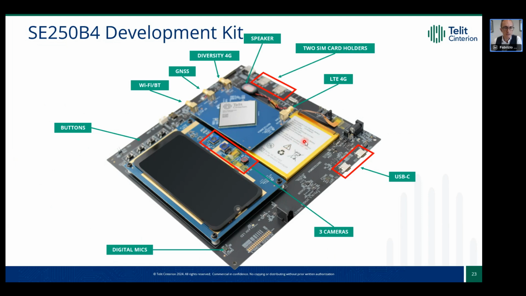There is also a battery charger, several buttons for switching it on and off and for volume up and down, digital microphones, 3 cameras supported, USB-C, and connectors for all the antennas for modem, cellular, GNSS, and Wi-Fi. There is also a speaker and some sensors, like a vibrator and a light sensor.